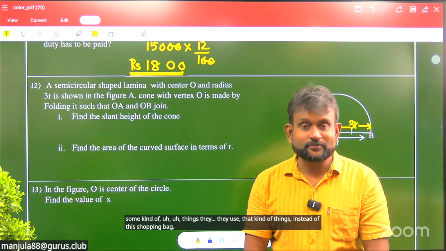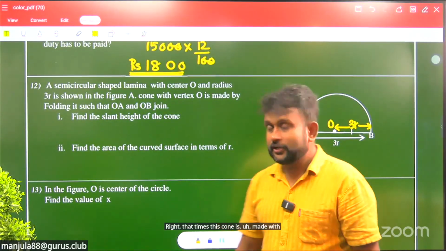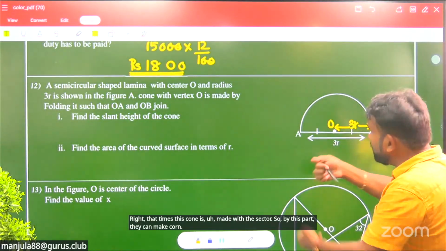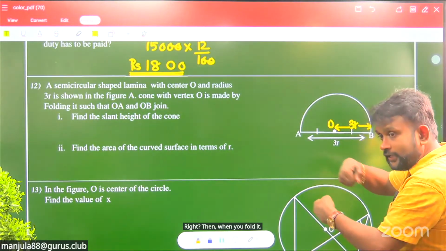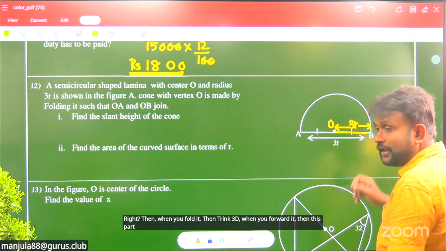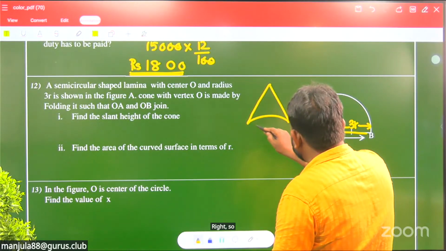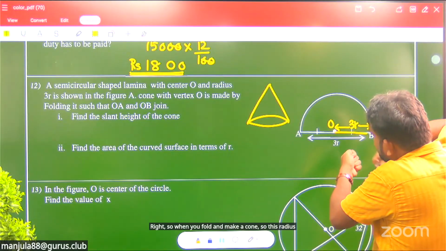That cone is made from a sector. When you fold it, think 3D, this part becomes the slant height of the cone. So when you fold and make a cone, this radius comes as the slant height.